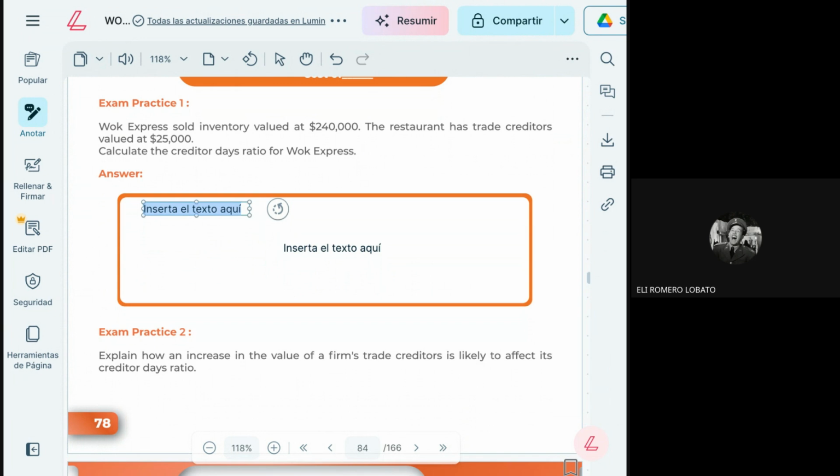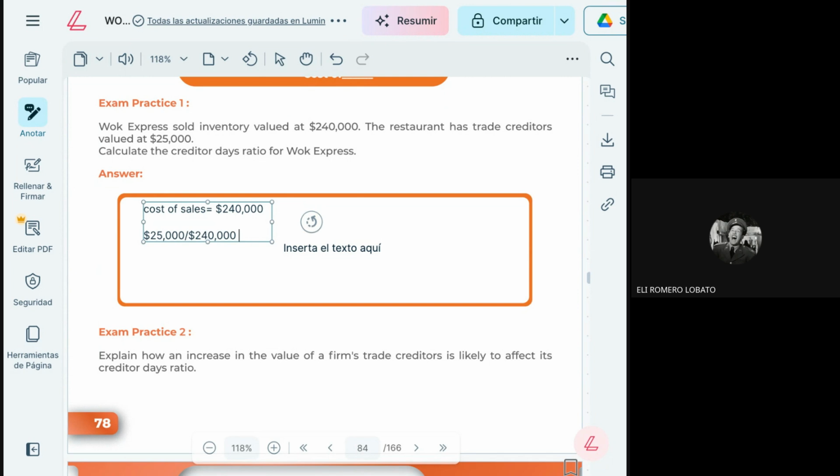Okay, so first of all, we need to identify the cost of sales. Cost of sales is $240,000. Then we are going to use trade creditors valued. So we substitute, then we divide over the cost of sales that we have here.